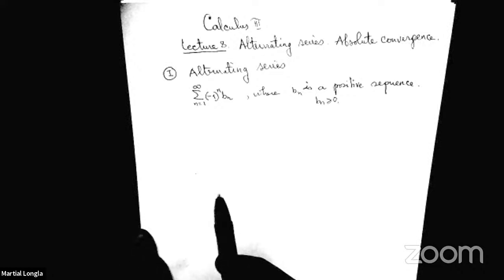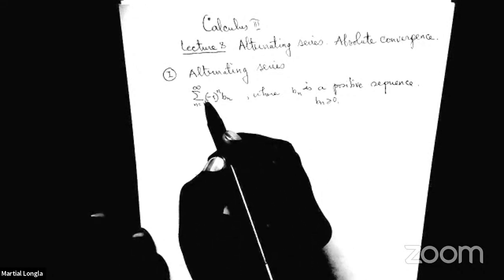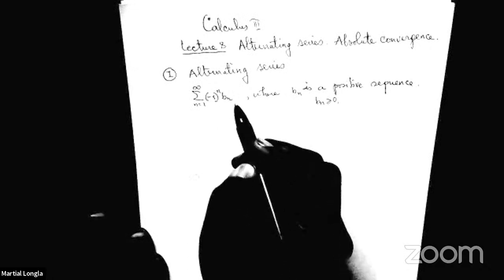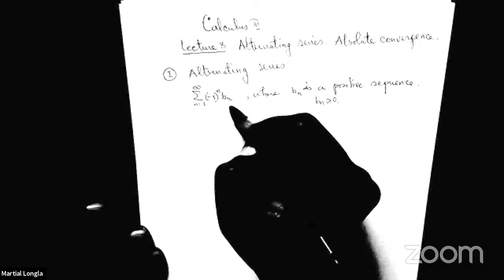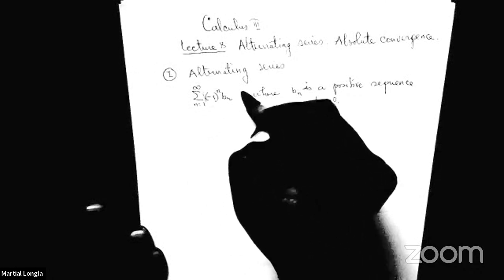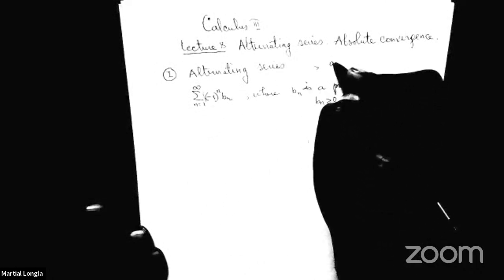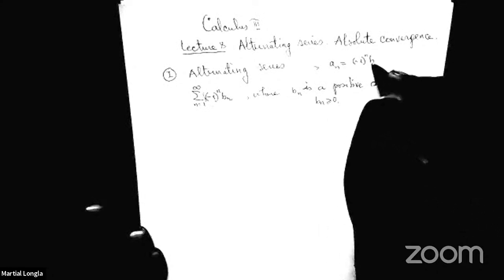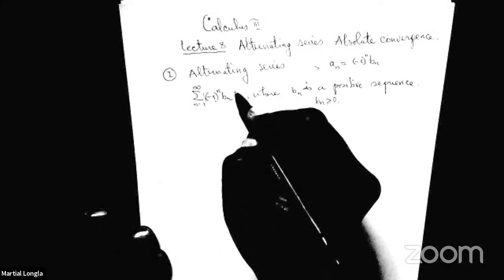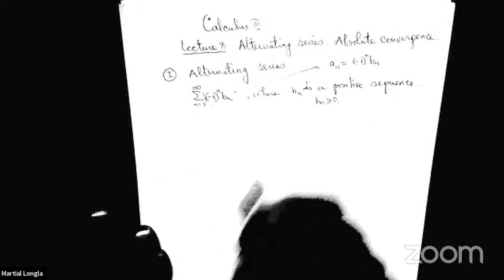You notice here it's first a (-1)^n and then a b_n, which technically means that the generic term of the series is (-1)^n times a positive sequence.